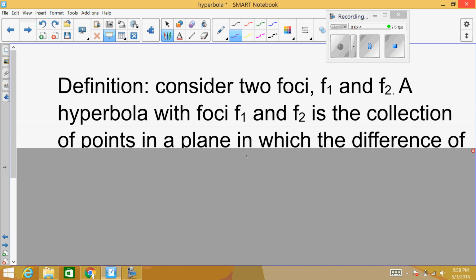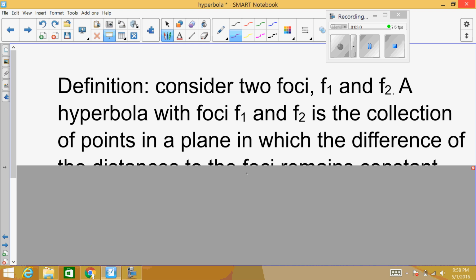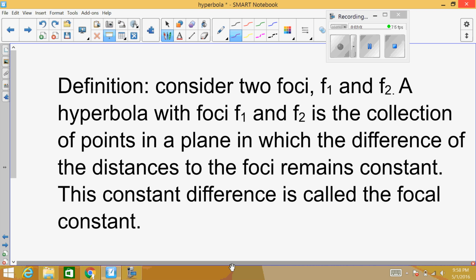But this time, instead of taking the distance from a point on the ellipse to the focus and adding that to the distance of the same point to the other focus, this time we're going to subtract those distances. So it's a collection of points in a plane in which all the differences of the distances to the foci remain constant. The constant difference is called the focal constant.